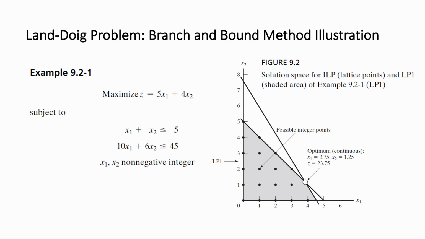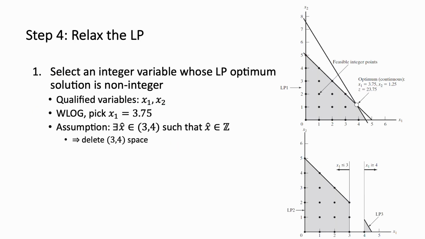So again, we have the solution space, and then we first defined that we branch using x1. So meaning, at this point we assume that there is an integer, let's say x hat, between 3 and 4. Okay, why between 3 and 4? If we focus on x1, x1 is somewhere here.